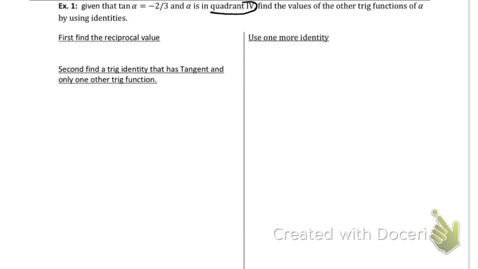So in quadrant 4, our cosine is positive, which means our secant is positive. Everything else is negative.